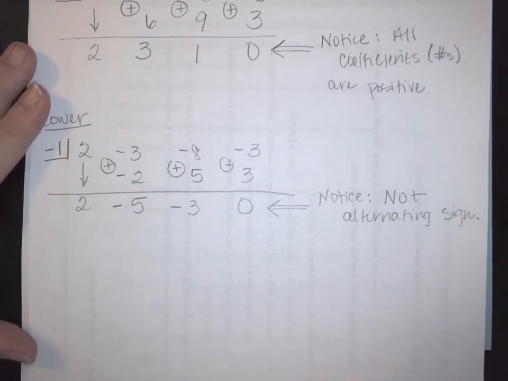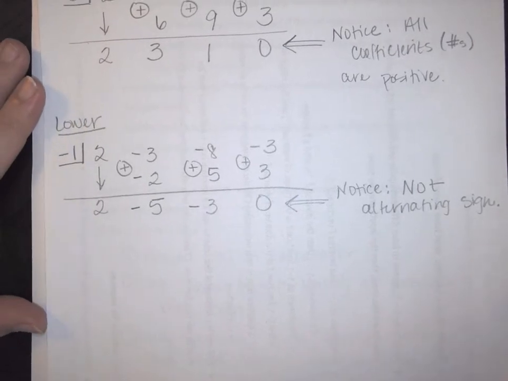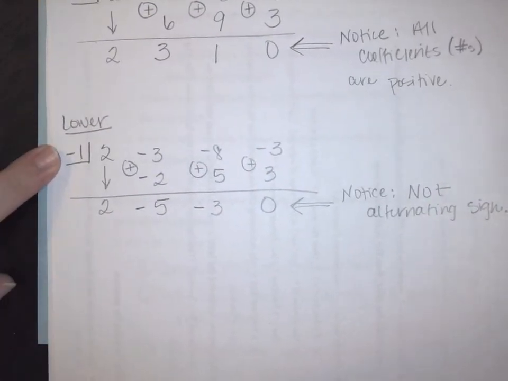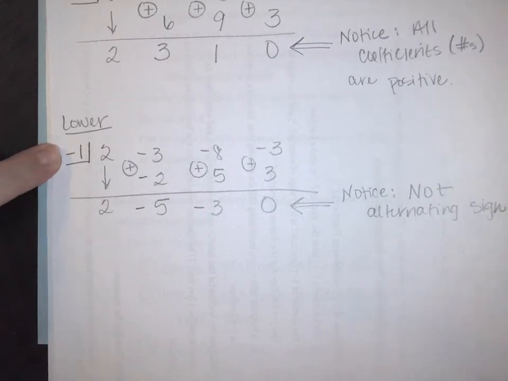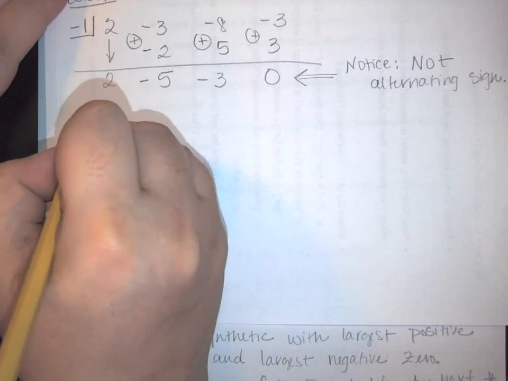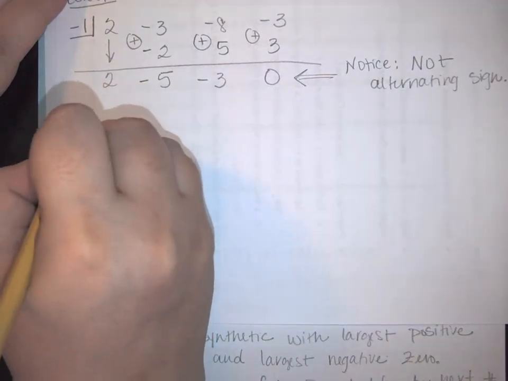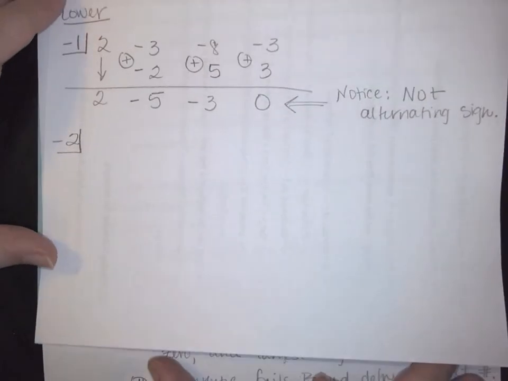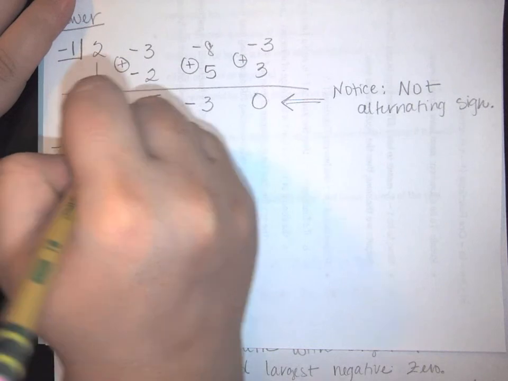So this means I have to test using another number, okay? So I want to use a number that is going to be even further away from the origin. So because negative 1 did not work, now I'm going to test negative 2. And this is how you do it. You just keep repeating and keep testing your values until you get one of them that satisfies that definition.